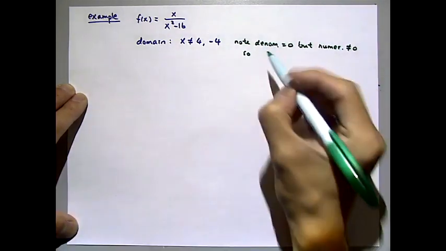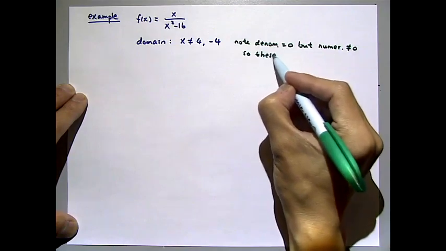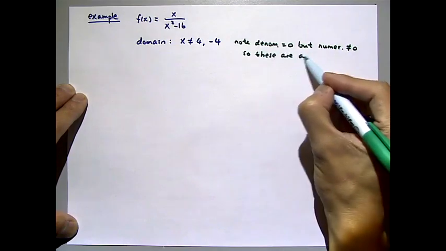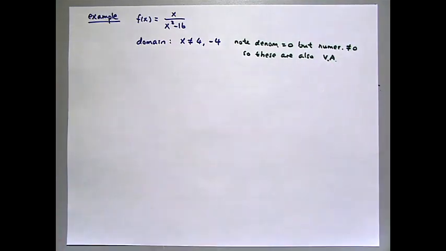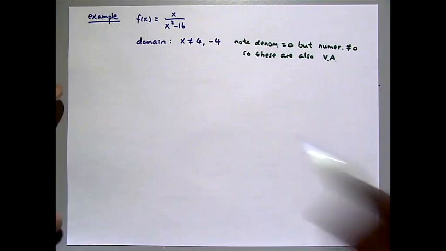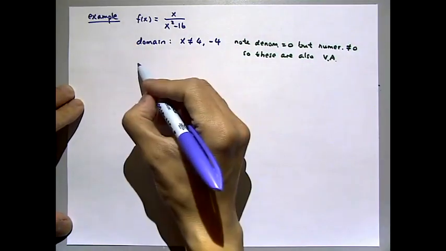So that means these are also the vertical asymptotes. Okay, domain information can tell you the potential existence of vertical asymptotes. We'll get to them in a bit.